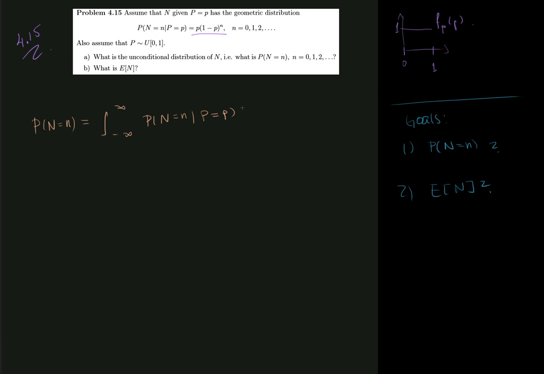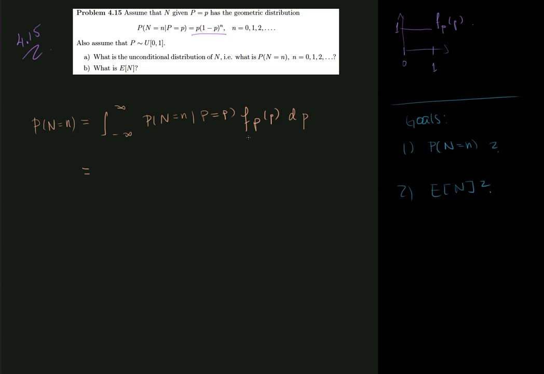So we take each of the cases and then we multiply by the density f_P of p, because P is uniformly distributed. There are a lot of p's involved. This is for probability, this is for the stochastic variable, this is for what we integrate with respect to. So it's a little bit confusing.